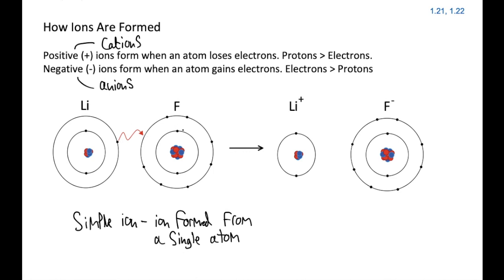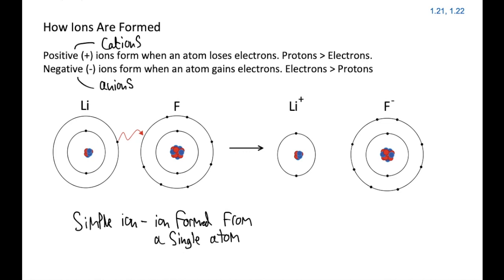The lithium atom has lost its outer electron, so a singly positively charged lithium ion is formed. But the fluorine has gained this electron, and so a singly charged negative fluoride ion is formed. So we have two ions of opposite charge, and these two ions attract each other, and this is what we know as an ionic bond.